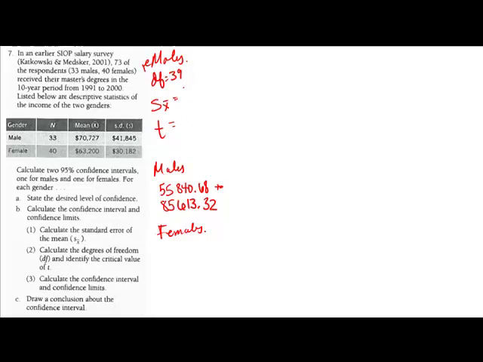Standard error is s divided by the square root of n, which equals 30,182 divided by the square root of 40. So let's hit the calculator. The square root of 40 is 6.32.